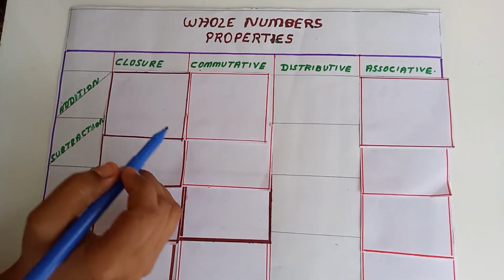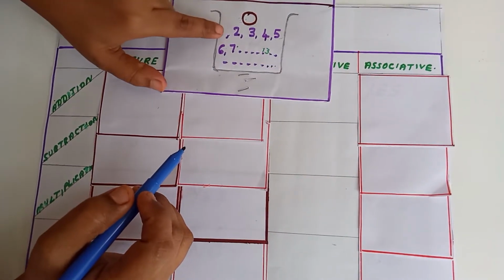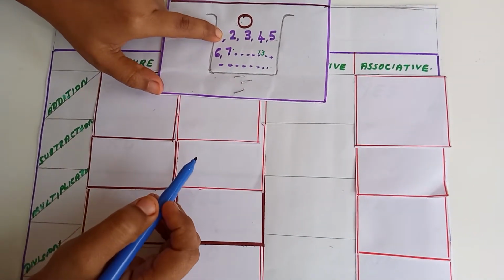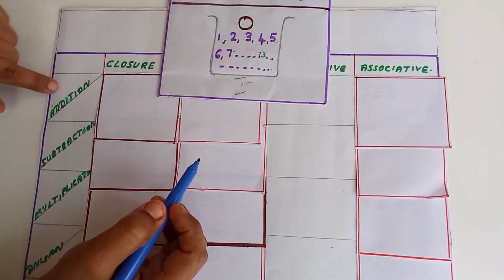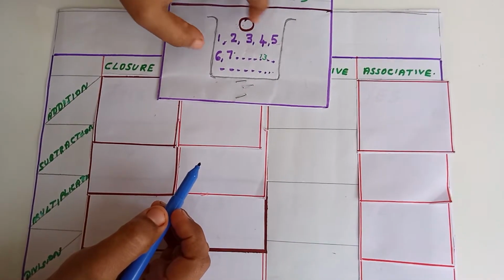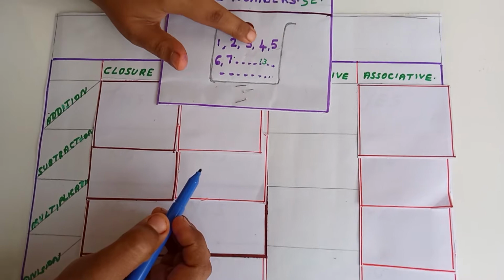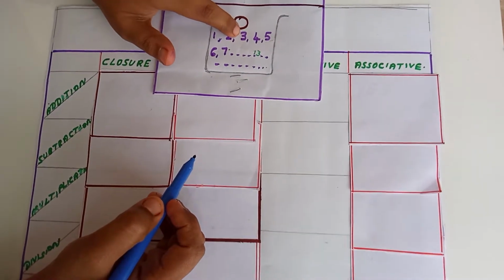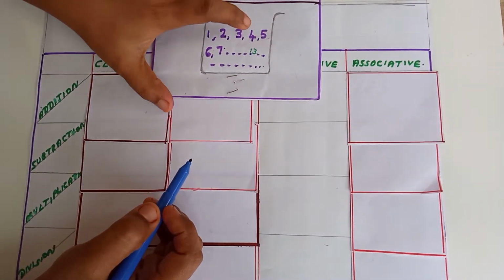See, closure property means just pick out two numbers from the set and add. If we are doing addition, just add those numbers, and if the answer is also there in the same set, we will say that it is closure.